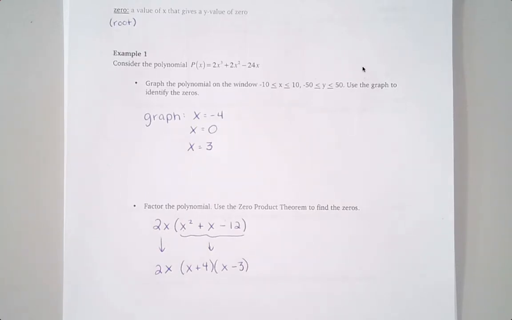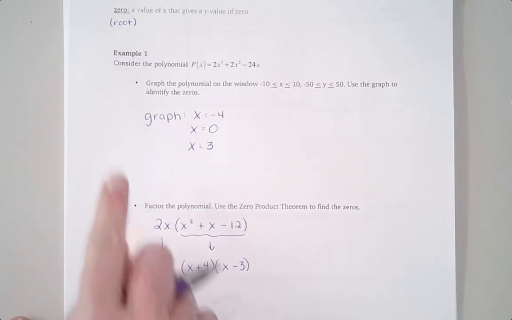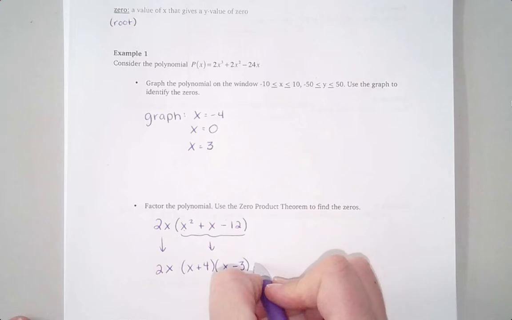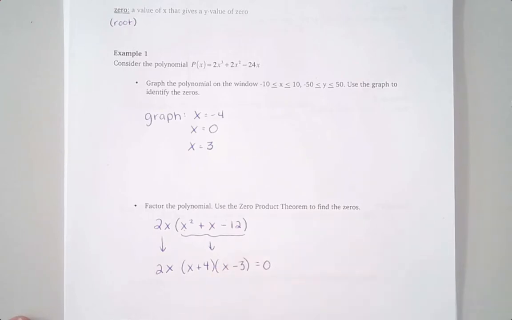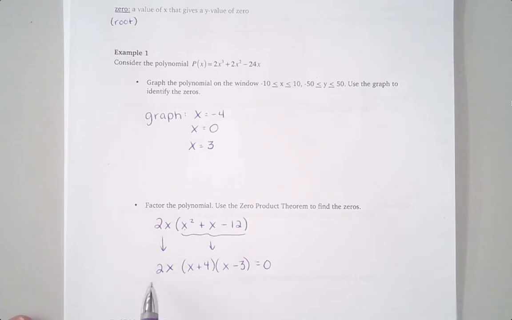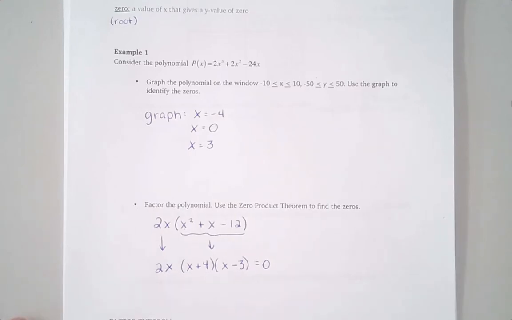Now the question becomes, how do I apply the zero product property? Well, remember, the zeros are the places that make this whole thing equal to 0. I want the x values that make this thing equal to 0. And if you think about this in terms of that zero product property, now I have something times something times something equals 0, which means one of those somethings must actually equal 0.